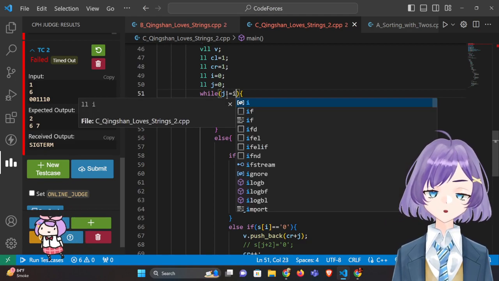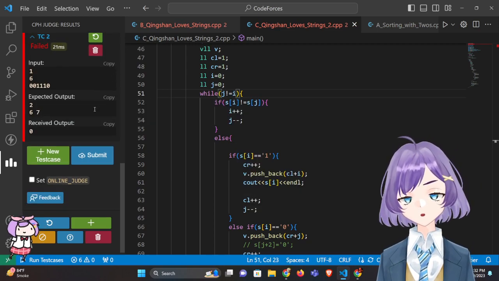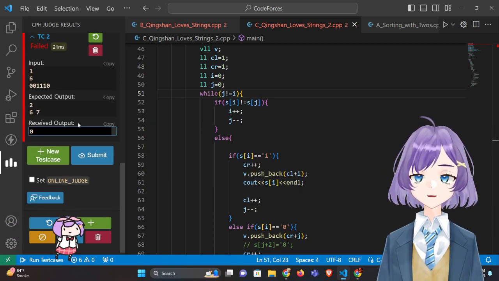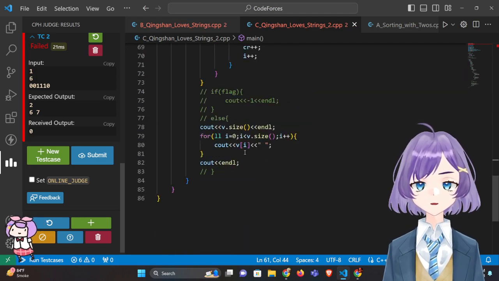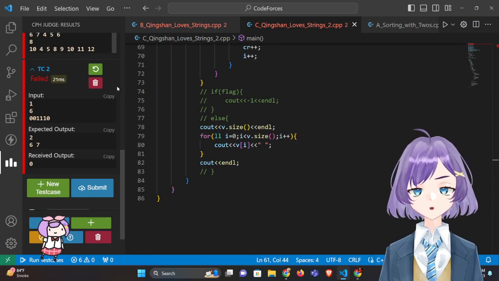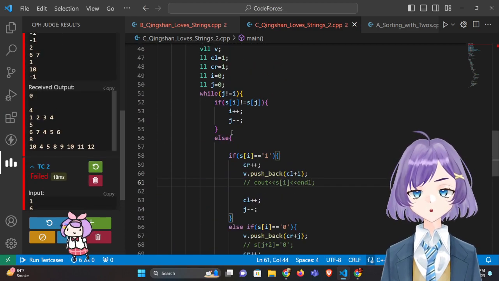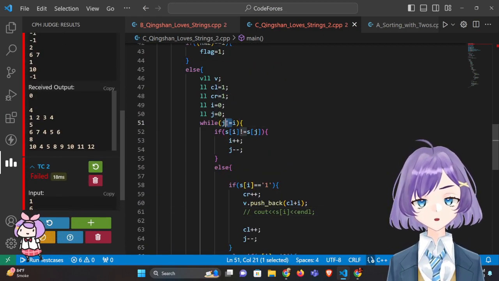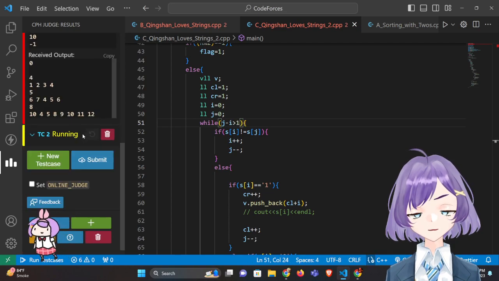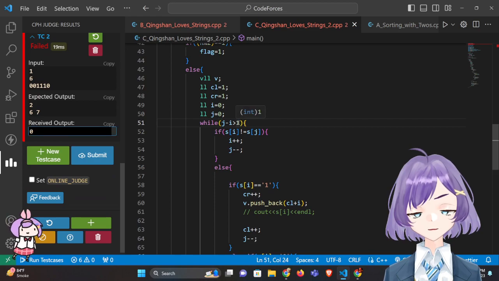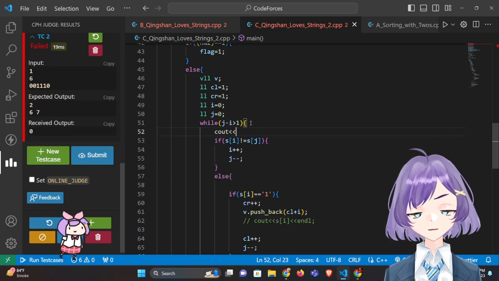While J is not equals to I. J minus I is greater than 1. We have J, I, and L.